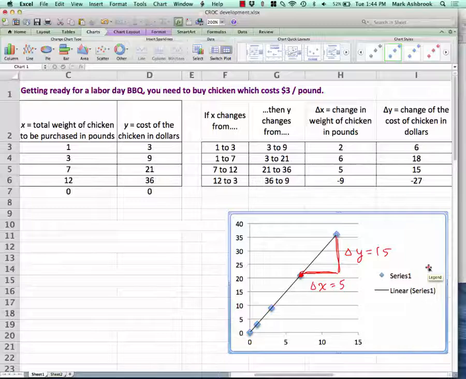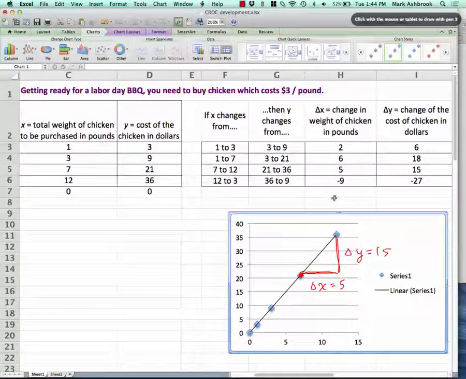Really important. This is definitely something used in calculus all the time: looking at the change in one quantity and the corresponding change in the other. Okay, how could I represent from 12 to 3? Where would I start here? Top point, and I'd go up, down, left, or right? Left.